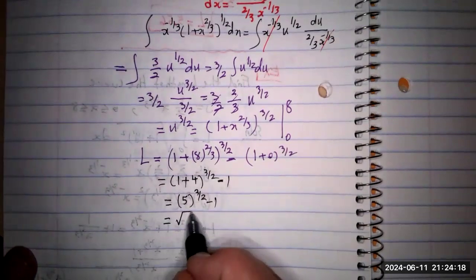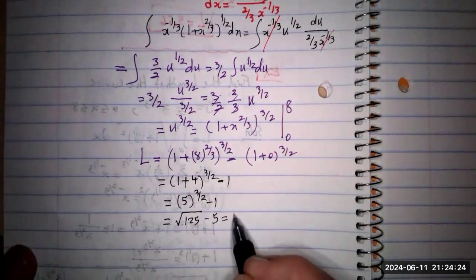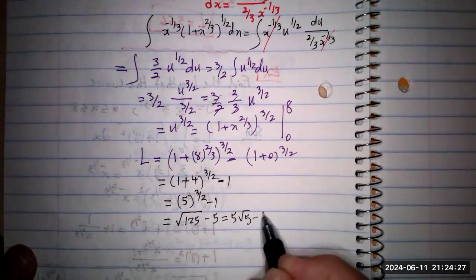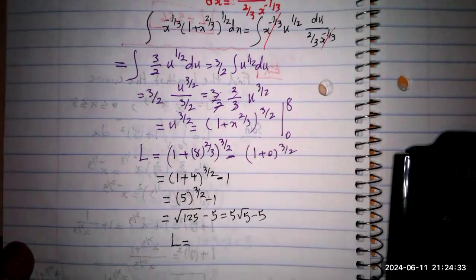Again, you can use your calculator, or if you don't want to, this is going to be 125 minus 5, which is going to be 5 radical 5 minus 5. So the arc length is going to be equal to, you can leave it as is, or you can use your calculator to give us a nice result.